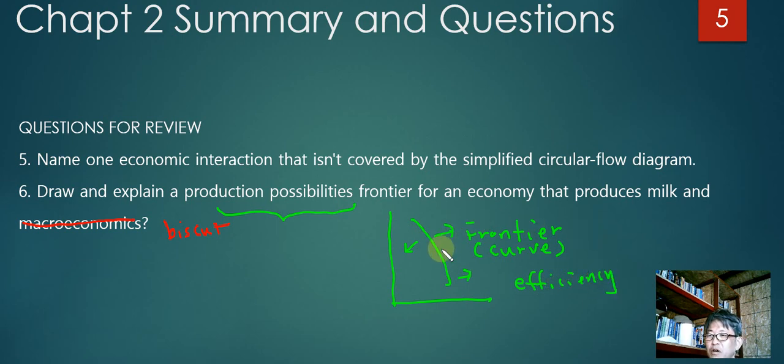Once a certain firm or country can reach this line and move along this line, it means that production is efficient. They reached efficiency of production. But if a firm or country's production level is located within this frontier, we call it inefficiency.